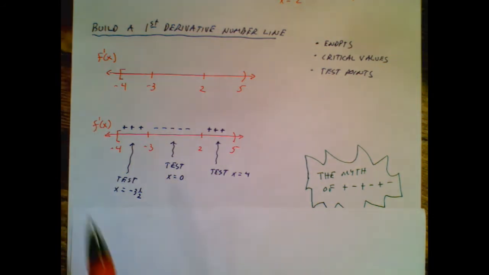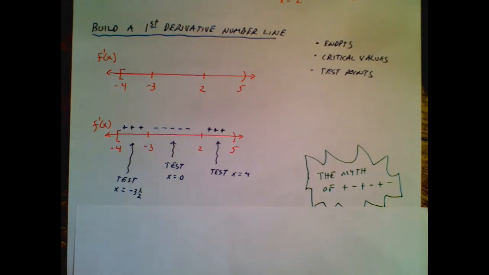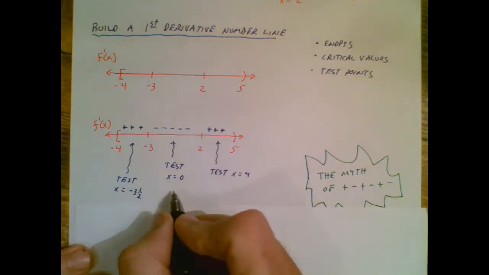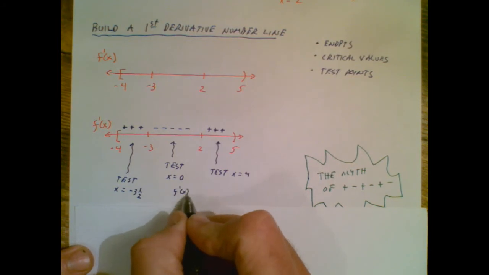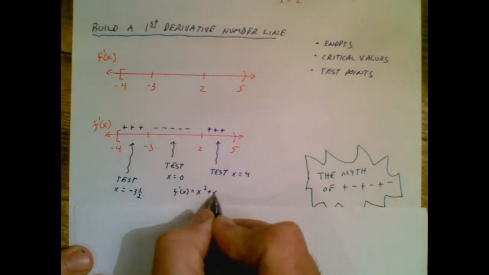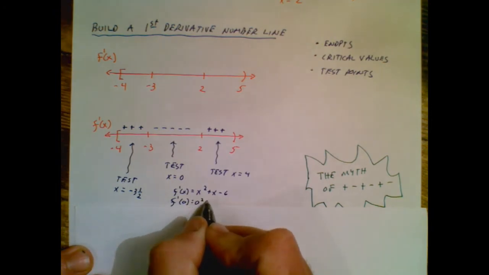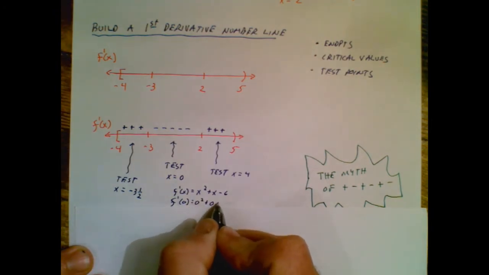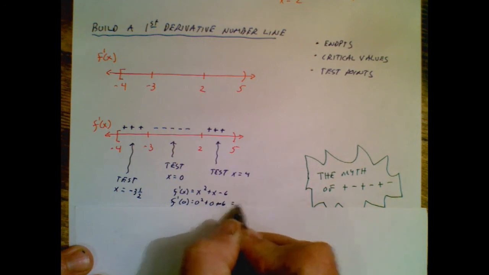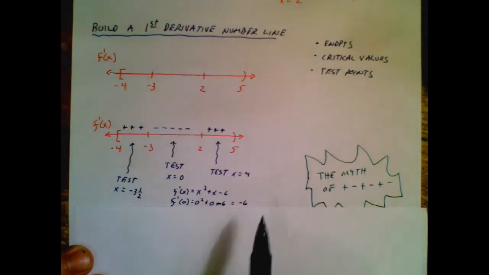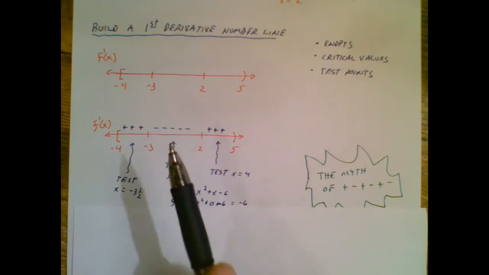the first derivative. So my first derivative, if I look back up at the top of the paper, f prime of x was x squared plus x minus 6. So now I plug in a 0: 0 squared plus 0 minus 6 equals -6. Here's what I've discovered.